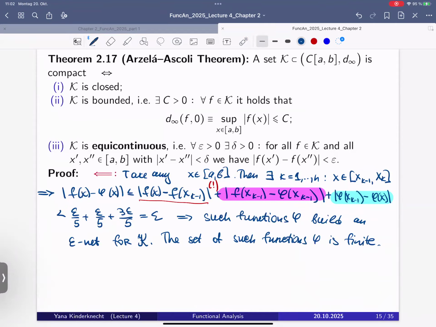Once again, these functions are continuous piecewise linear functions with nodes in a given lattice. The lattice has finitely many nodes, so there are only finitely many such functions. Hence for any arbitrary epsilon, we have constructed a finite epsilon net for our set K, and hence K is totally bounded.